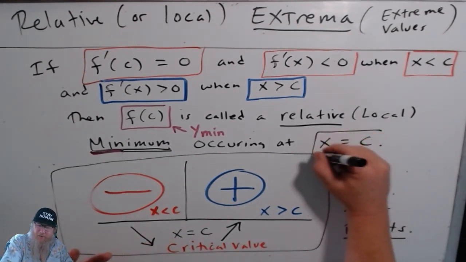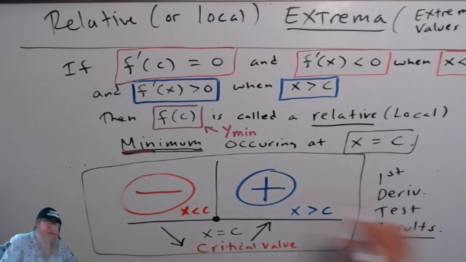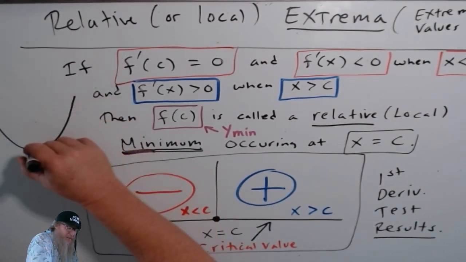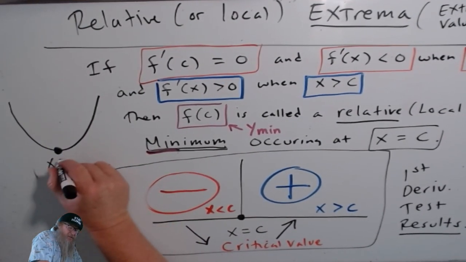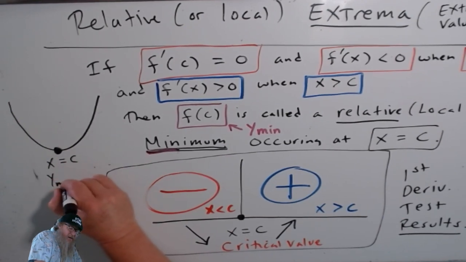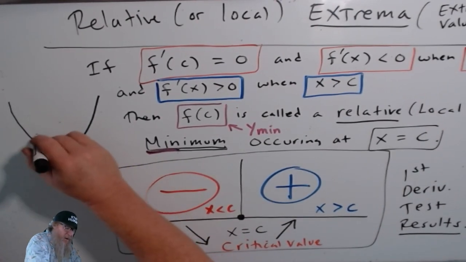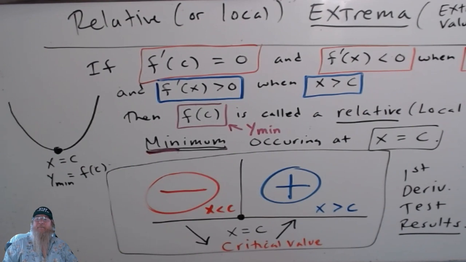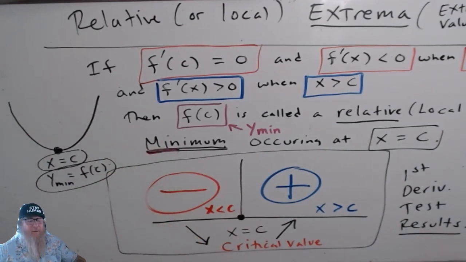And then it occurs at this critical value. It essentially looks like this. And the point is x equals c, y min equals f of c. So this is where that point occurs. If I was graphing it, this would be my x value, and then this would be my y value.